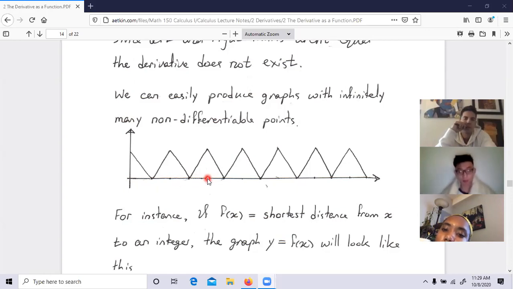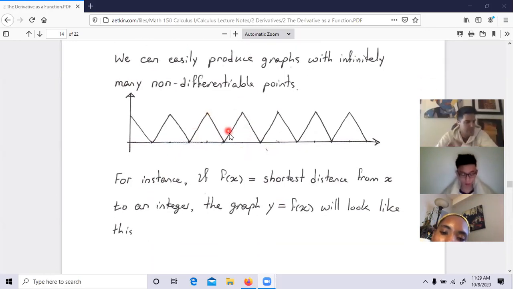Because maybe this point is 2.5, then the distance to 2 is 0.5. So this length is 1/2, and the rise is climbing from 0 to 1/2. Good. So 1/2 over 1/2, the slope is 1. The downward slope is minus 1, not minus 1/2.